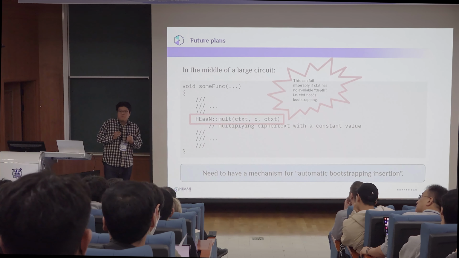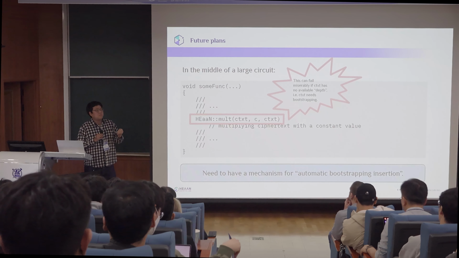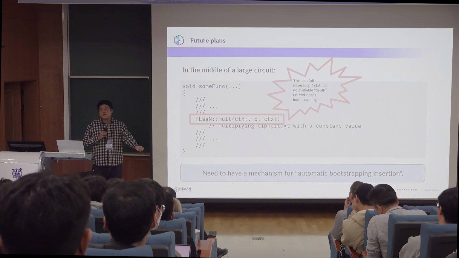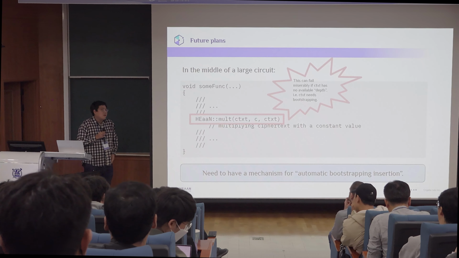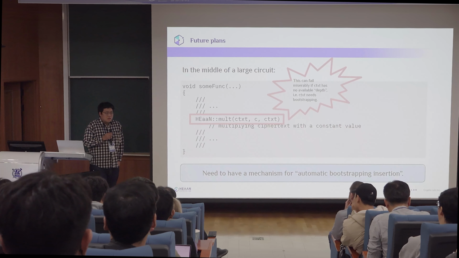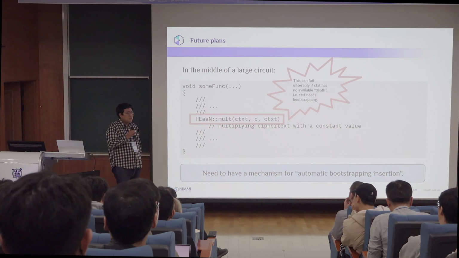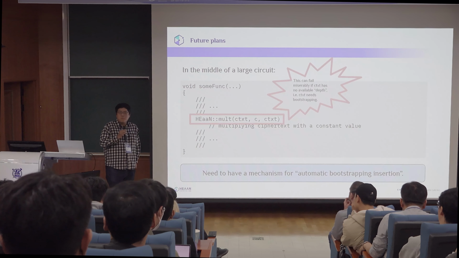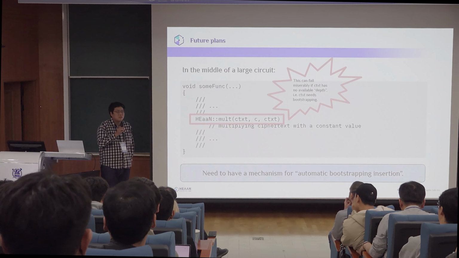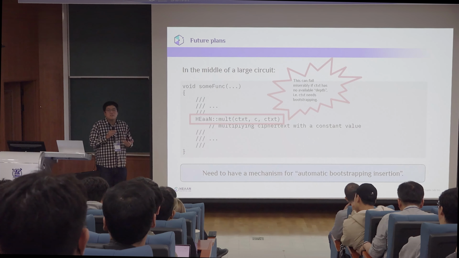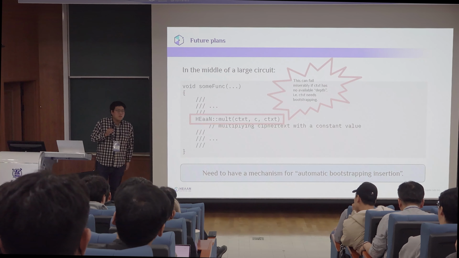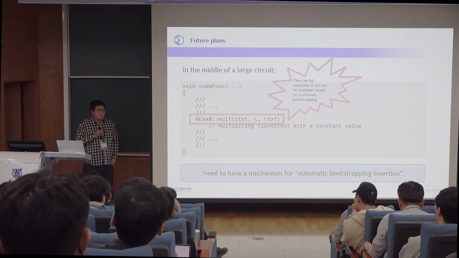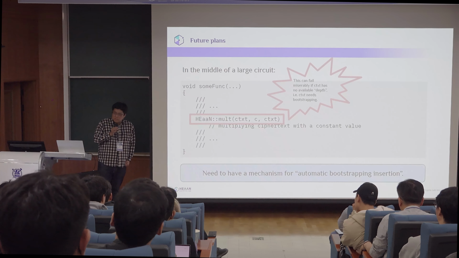I mean, we can multiply by some constants and get new ciphertexts C1, C2, and C3. If we insert the bootstrapping naively, after C1, C2, C3 are generated, then we do far more bootstrapping than required, and this kind of bootstrapping is very, very costly.